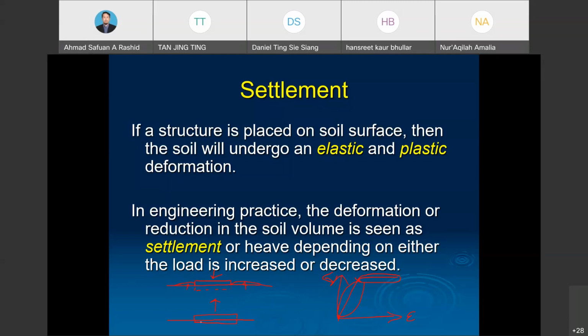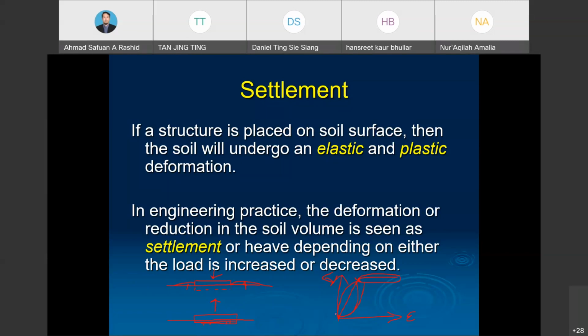So selepas kita reload, a little bit of deformation occurs upwards from the previous condition. Normally in the elastic zone, when we reload, the soil can tend to deform backward, but it cannot go back to the first condition.